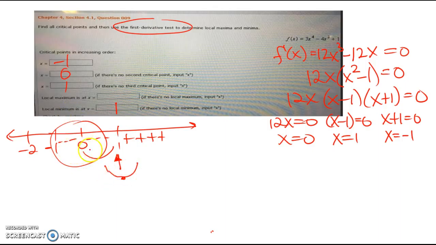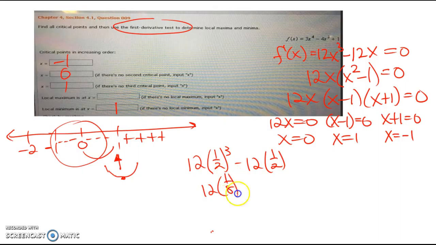At 0, I want to check. So if I put 12 times 1/2 to the third minus 12 times 1/2, right? This is 12 times 1/8 minus 12 times 1/2, which is 12 over 8 minus 12 over 2. So this is 6, and that's smaller, so that's definitely negative.